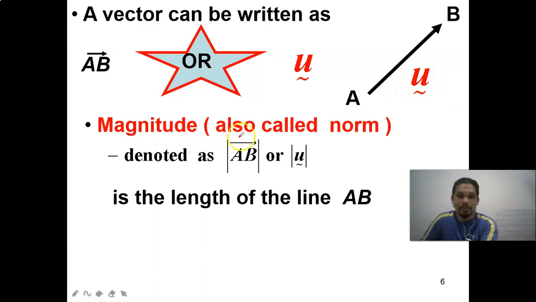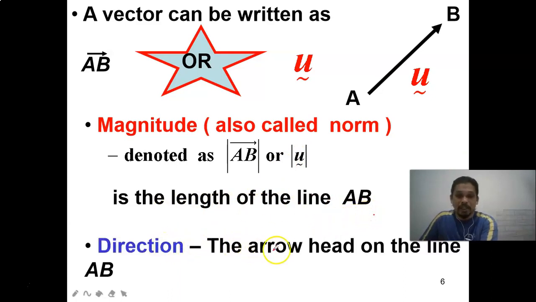So magnitude, also called norm, is denoted as the absolute value of vector AB, or the magnitude of u here. So we call this the absolute value of vector AB, or the absolute value of vector u, which is the length of the line AB.